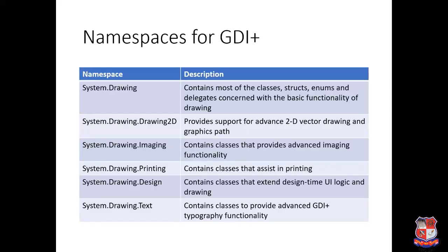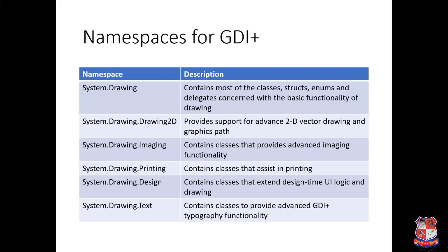Now we'll see the namespaces available for GDI Plus in the .NET framework. First is System.Drawing. It contains most of the classes with the basic functionality of drawing. Second is System.Drawing.Drawing2D. It provides support for 2D vector drawing and graphics path. Third is System.Drawing.Imaging.